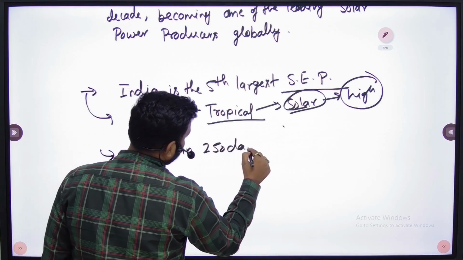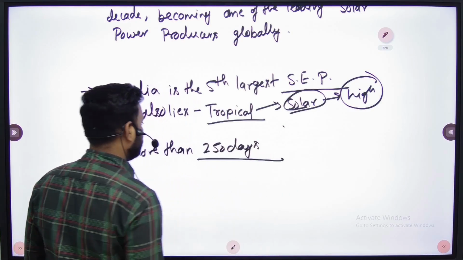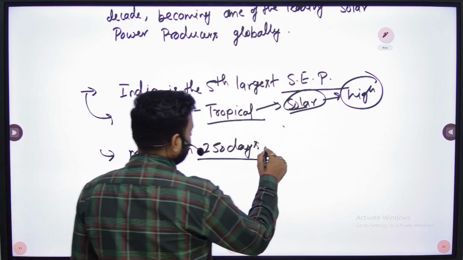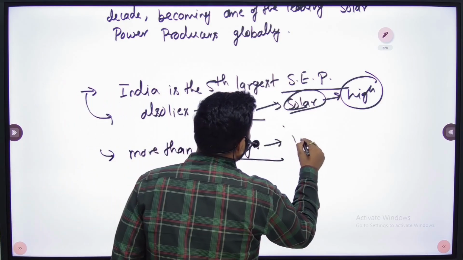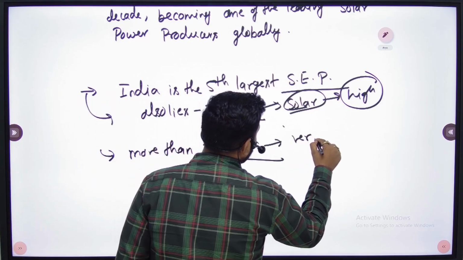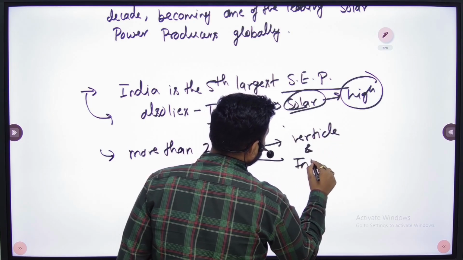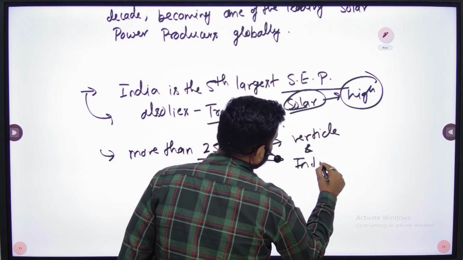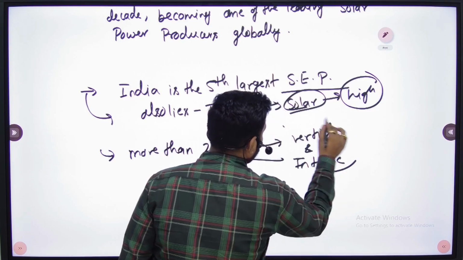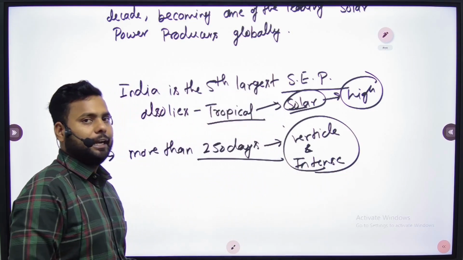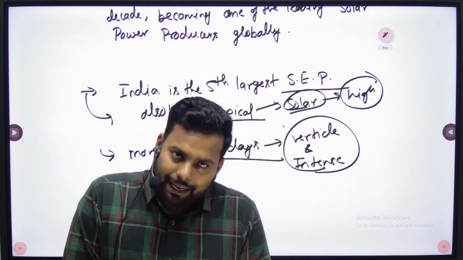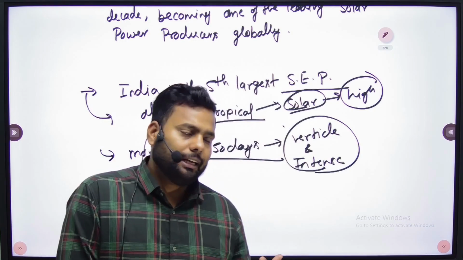It is a very unique fact. So that's why India has the highest potential of solar energy.